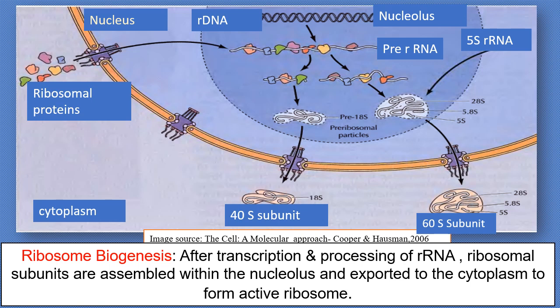Thus, transcription of ribosomal DNA, processing of precursor ribosomal RNA, and assembly of ribosomal subunits all together constitute the ribosome biogenesis process, and it is the main function of the nucleolus.